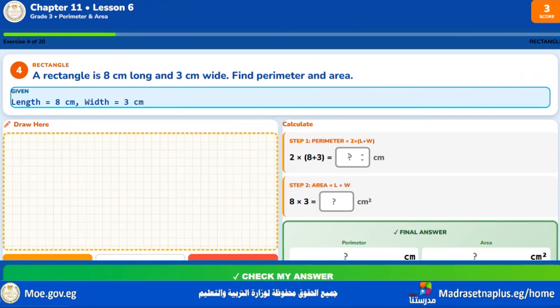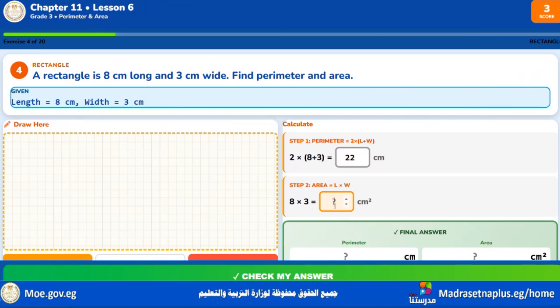I told you before we have 3 ways: 8 plus 3 plus 8 plus 3, or 2 times 8 plus 2 times 3, or 2 times open bracket 8 and 3. 8 and 3 equals 11. 2 times 11 is 22.